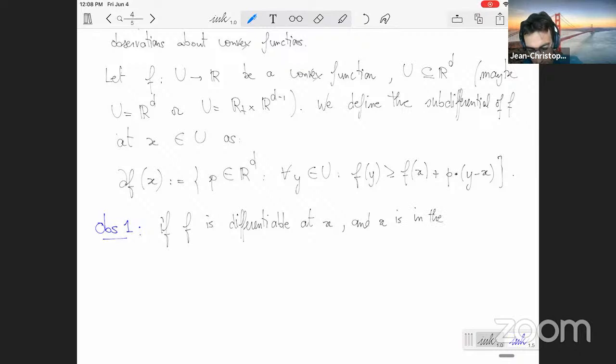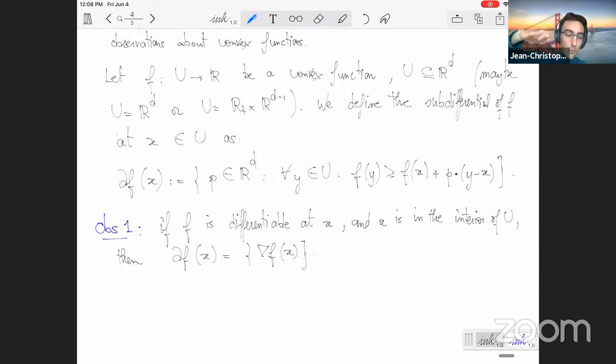Okay, so this is not very difficult, and it's very similar to the way we argued earlier, when we were touching f from above, and we said that therefore it must be that f is differentiable at this point.